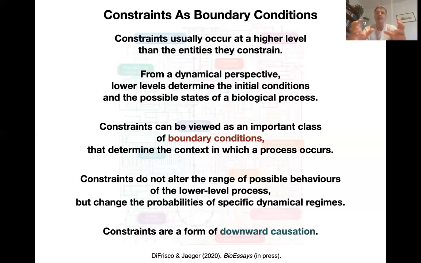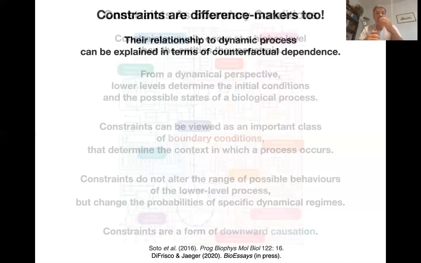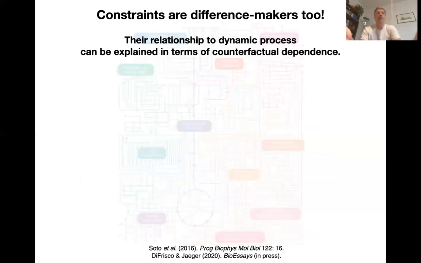A whole is constraining its parts and is causing them to behave in ways they would not behave if they were not part of that system. And we'll spend the entire next module worrying about this phenomenon, more or less. Okay, so constraints, their relationship to dynamic process.